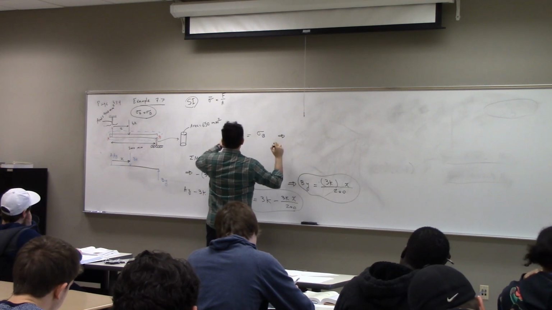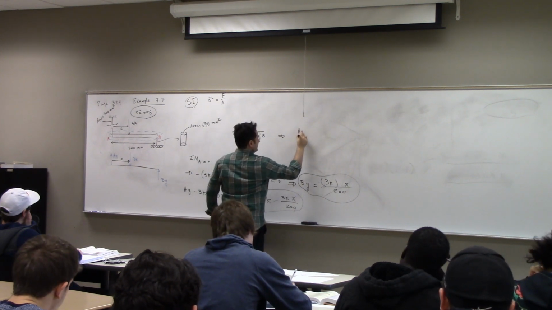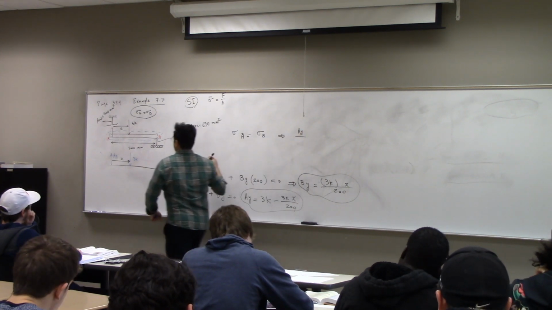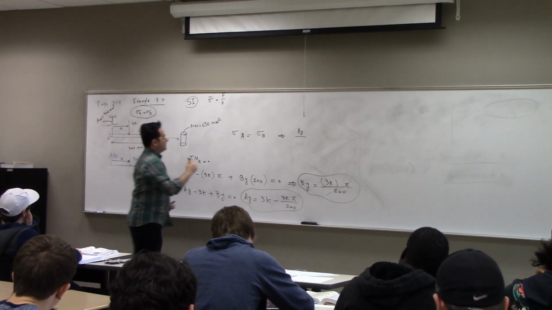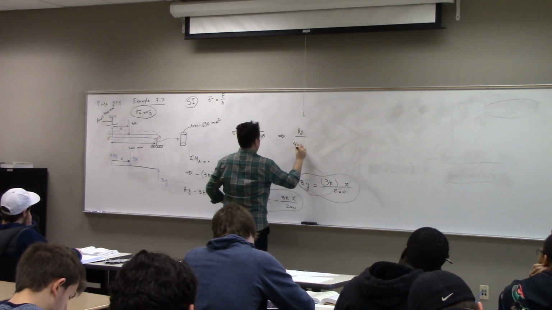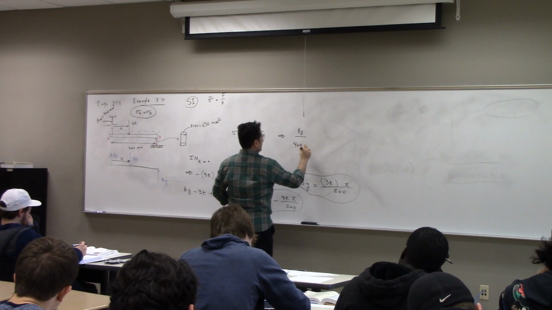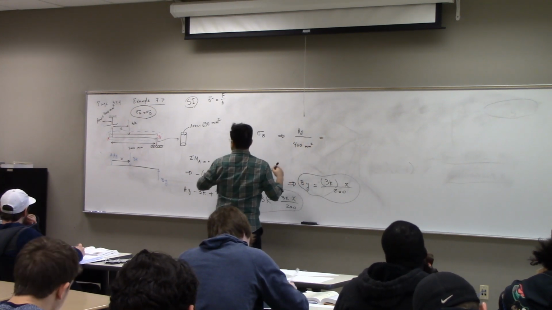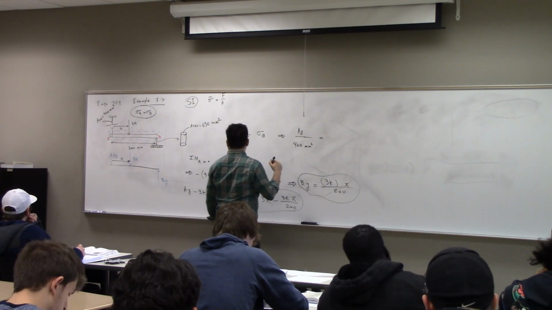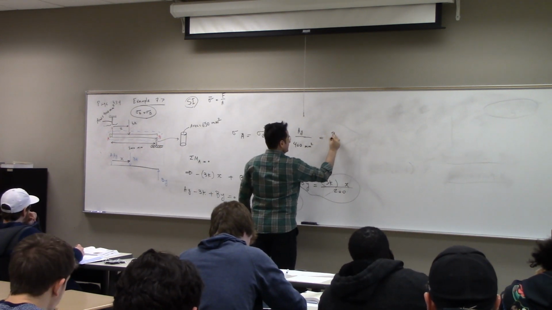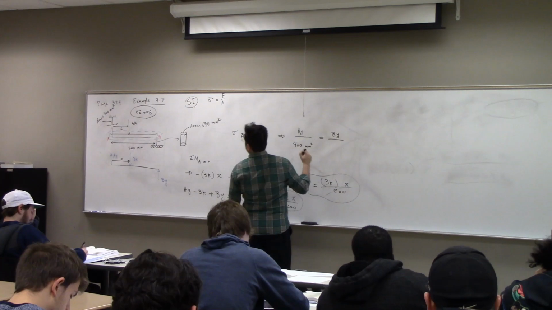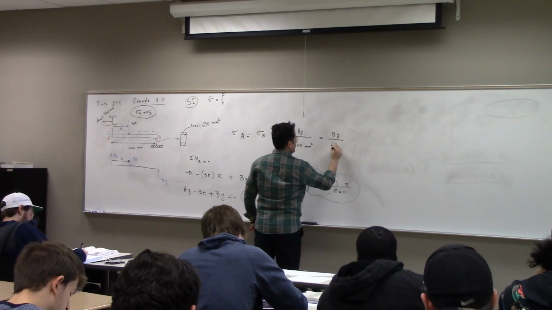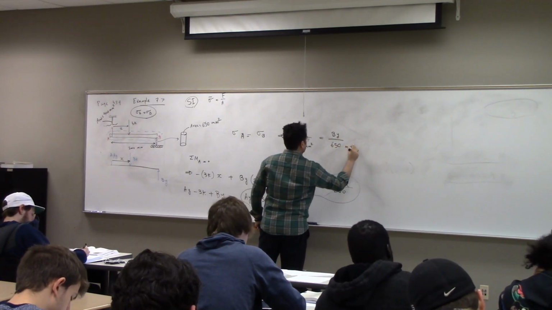That means Ay divided by this area, 400 millimeter square, is equal to the stress here, which is By divided by 650 millimeter square.